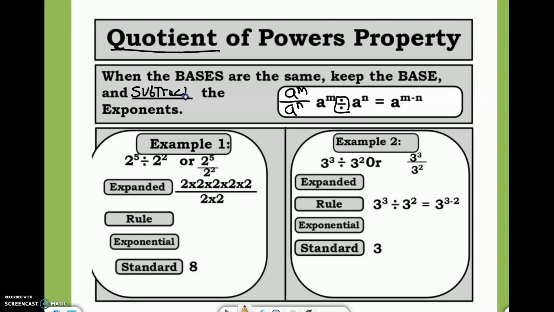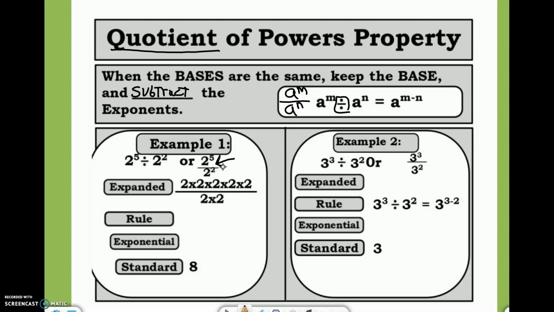Okay. So our first example here is that we have the base of 2. We expanded it out, so that states we have 5 2's as our numerator. We have 2 2's as our denominator.